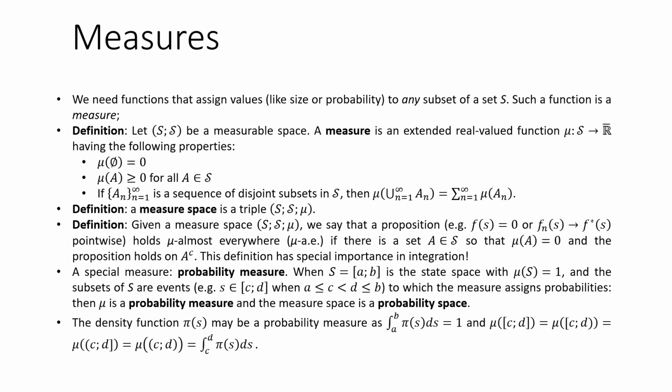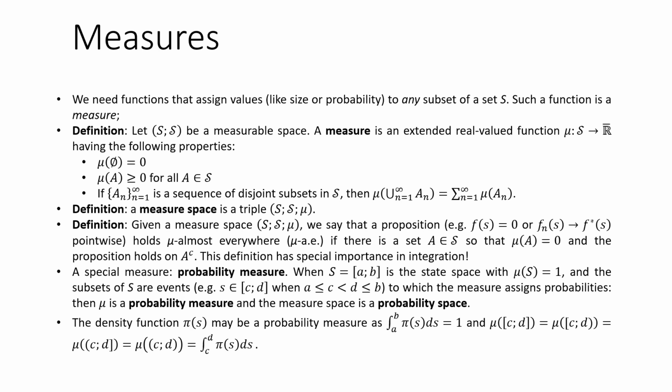We have a measurable space, which means that we have a set and we have a sigma algebra of the subsets of this set. And the measure is an extended real valued function. Extended real valued function means that the function may take on positive infinity. So we have an extended real valued function which, to be a measure, must have three properties.